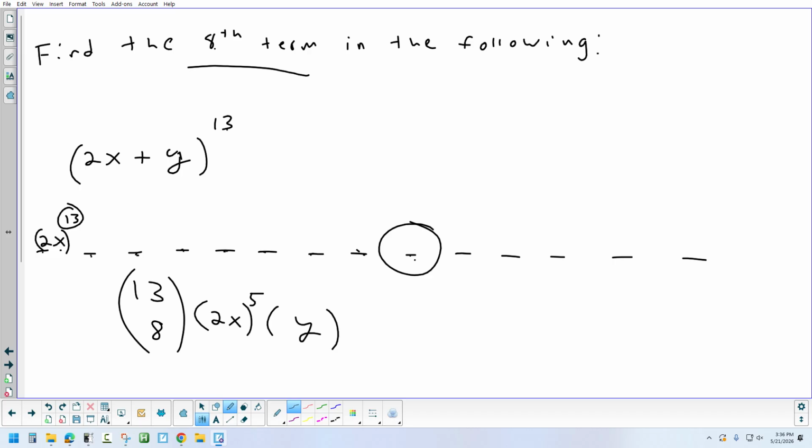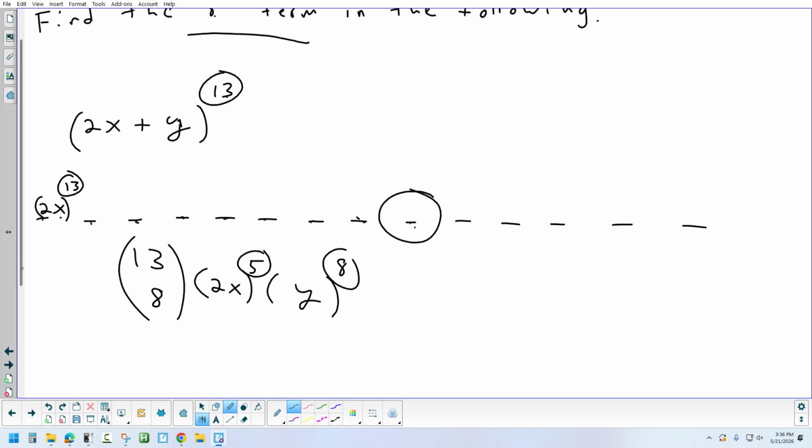So we know it's 2x to the 5th. And now that we know that's a 5, what would be the exponent on the y? Eight. 8. So the quick way is we know these two numbers have to add up to 13. So once you know one of them, you automatically know the other one.